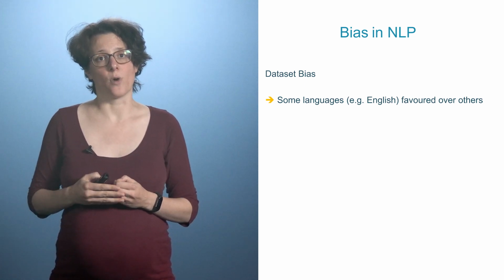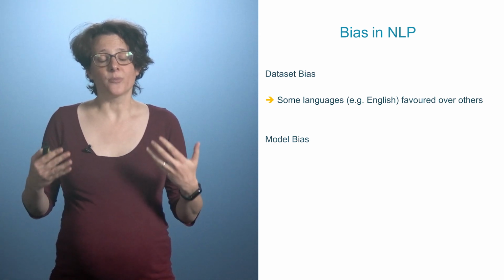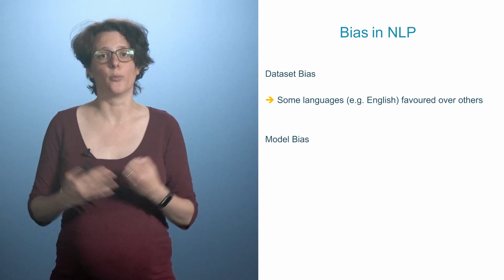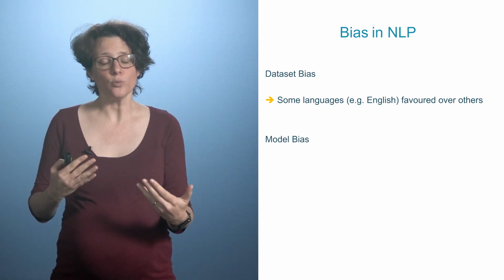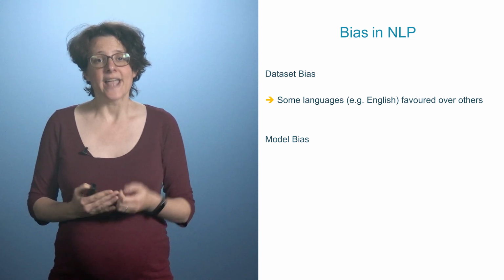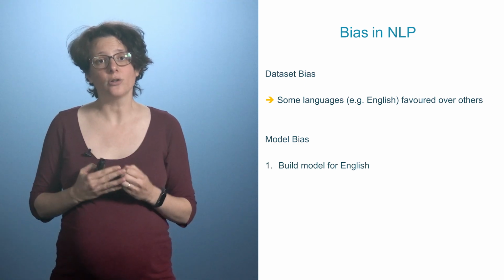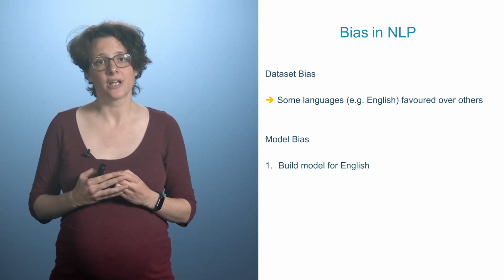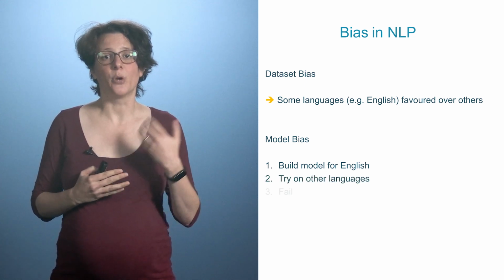There's also another one, the model bias. And the model bias comes from how we work as a community in NLP, where the first thing we always do when we develop a new model is to develop it for English. When we find that this model is good enough for English, we try it on other languages, but fail.